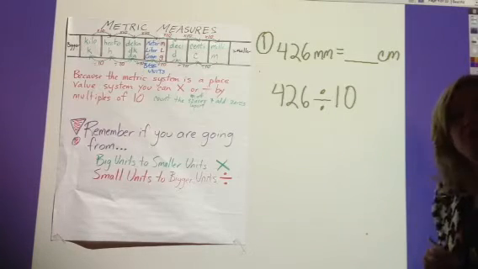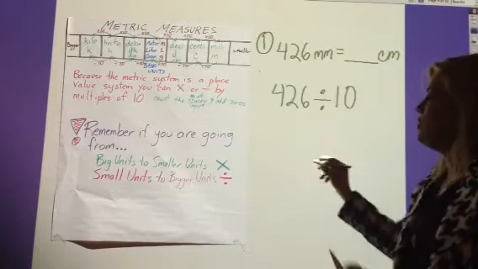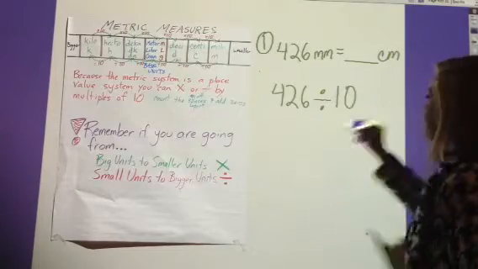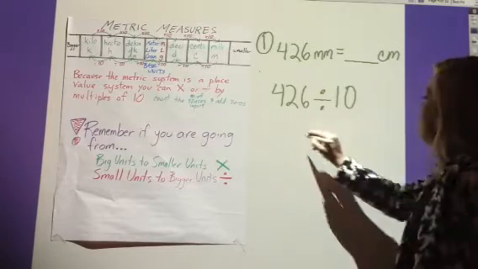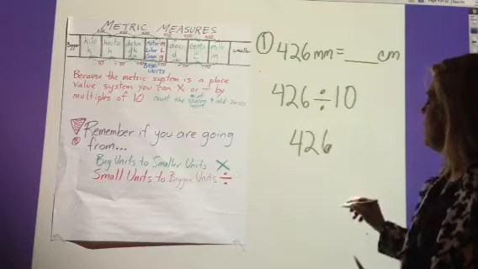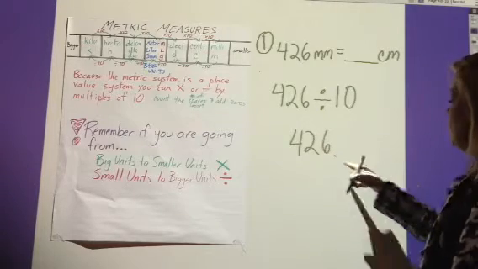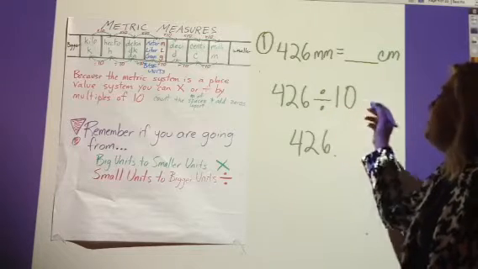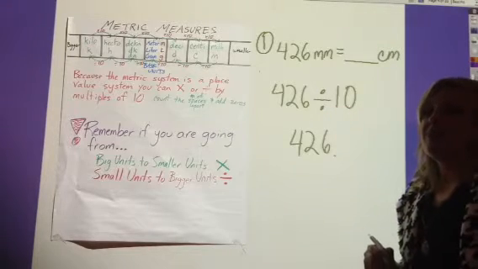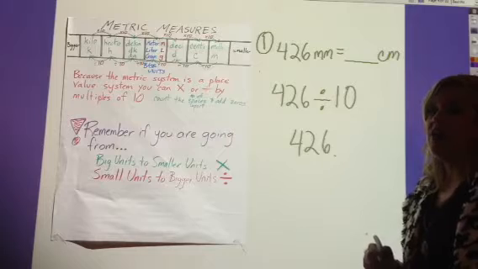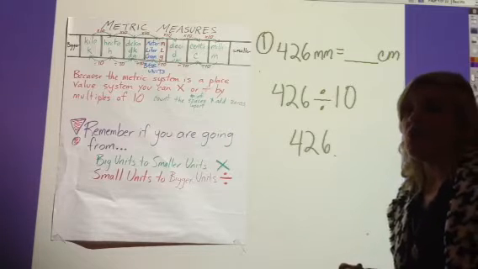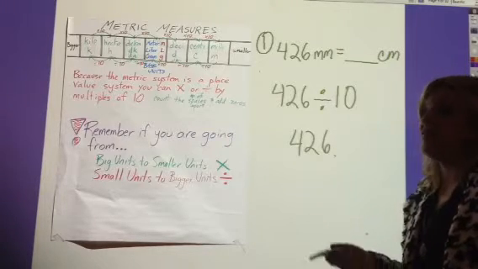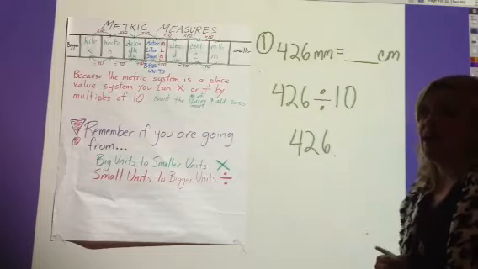We already know how to multiply or divide decimals, so I'm just going to show you the trick. I'm going to do 426. I know that there's a decimal there, whether it's always written there or not, I can always add it. And I'm dividing by 10. Because I'm dividing by 10, I know that my answer, or quotient, is going to be smaller than the dividend that I was dividing.